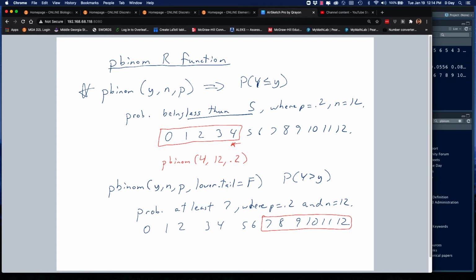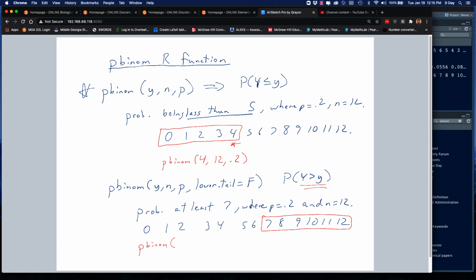There are 2 ways I can get this answer. I can go pbinom. Notice this right here: if I plug 7 in there, it's going to exclude the 7 because of that strictly greater than symbol. So whatever number I plug in there, it's going to add everything above the number I plug in.